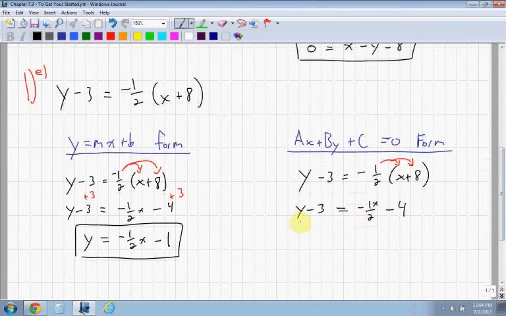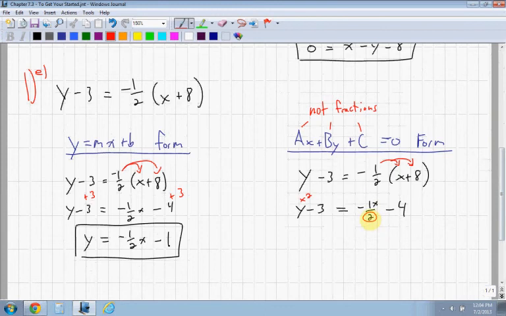Now I want to get everything over to one side. Typically in general form, the a, b, and c are not fractions. So I want to make that clear. The a, the b, and the c are not typically fractions. It's not wrong if you put a fraction, it's just not proper form. So because they're not fractions, we have to get rid of the fraction, and we have a 1/2. How do I do that? I multiply everything through by the 2, by the denominator.